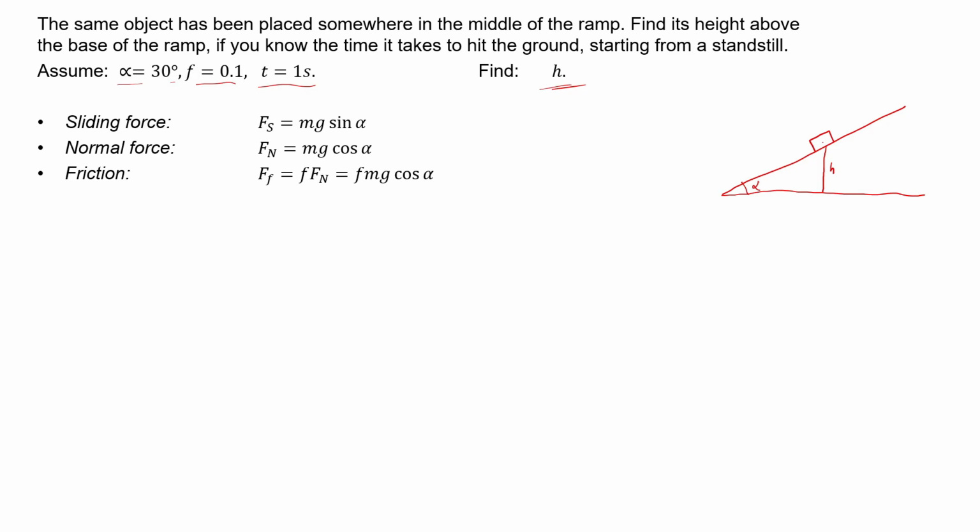So we have the sliding force, which is responsible for moving things down the slope, normal force, which is responsible for pressing things towards the plane, and friction, which prevents inverse motion. And I will not repeat the way in which we can find these formulas. It's explained in detail in the first part of this presentation.